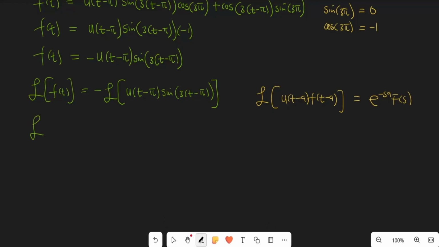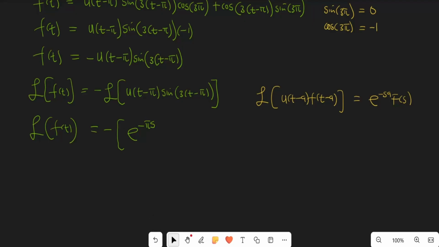So the Laplace transform of this function f of t is equal to negative into e to the negative sa, and a in this case is pi, so that is going to be pi s. And then we have to multiply by the Laplace transform of the unshifted function.